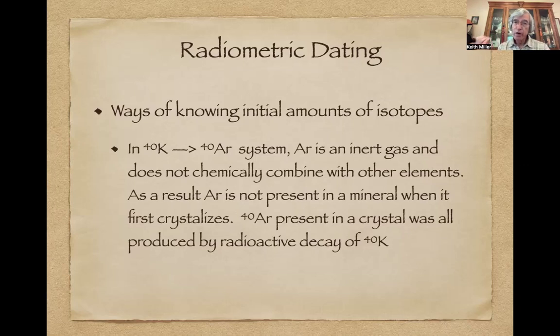So all the argon-40 that's present in a crystal was produced by the radioactive decay of the potassium-40. Again, the mineral now acts as a cage, and any argon that's produced is trapped within that crystal and can't get out. But until that crystal forms and creates that cage, the argon will just escape. So we know that the amount of argon at the beginning was zero.